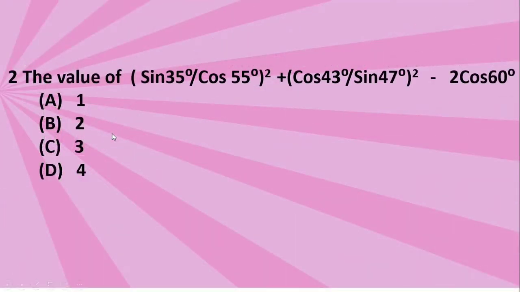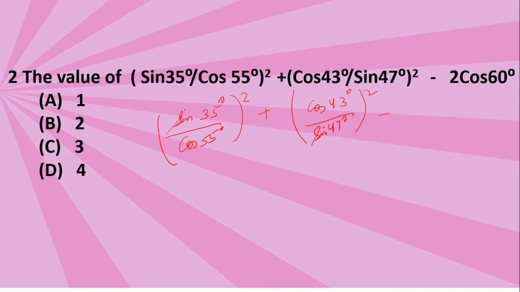Now the second question is the value of sin 35 degree upon cos 55 degree whole square plus cos 43 degree upon sin 47 degree whole square minus 2 into cos 60, which is 1 by 2 from the table.